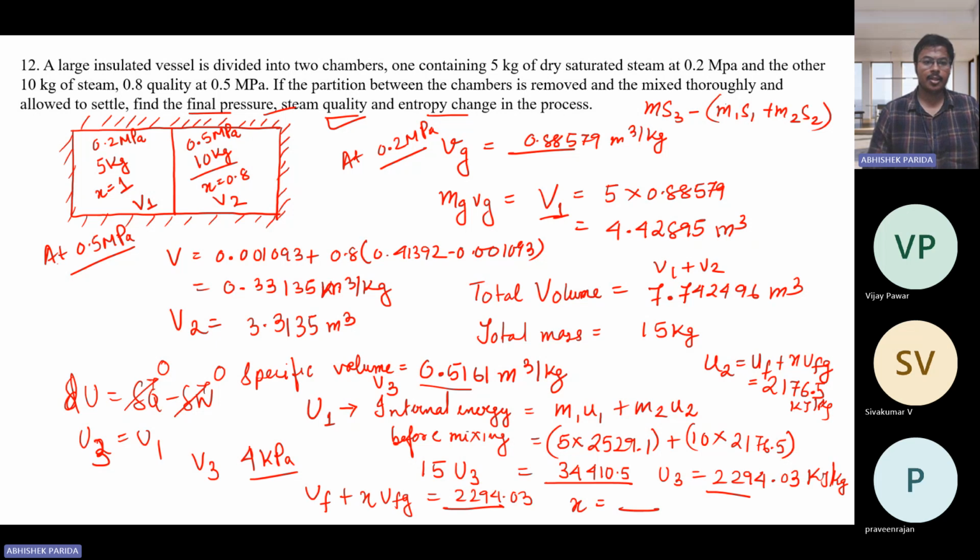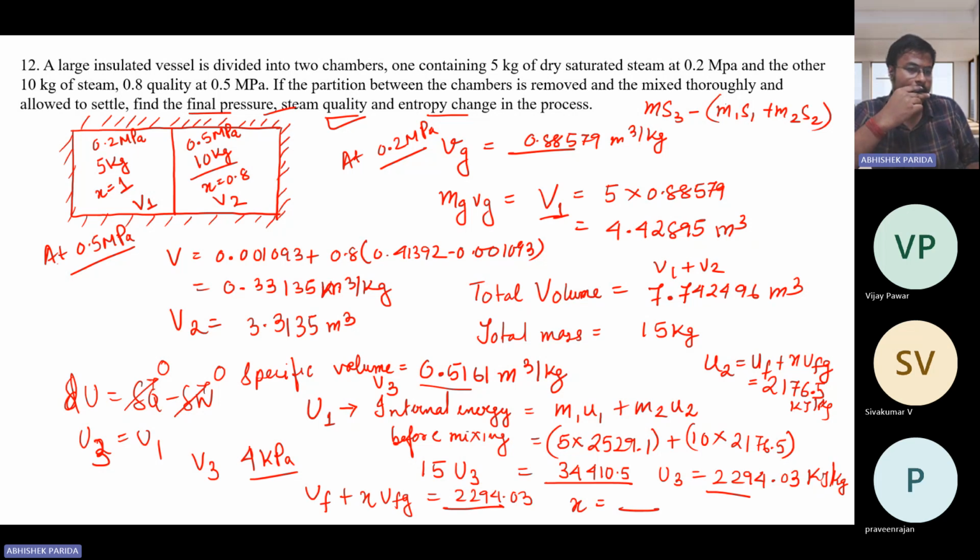Okay, a bit lengthy process, I know, but you have to solve like this, or directly you can follow the Mollier chart. As the Mollier chart has not been covered in your slides, I tried to solve it by finding U and then matching with the steam table.